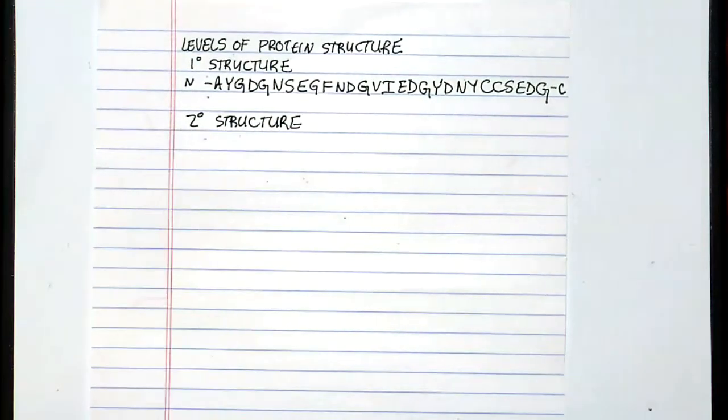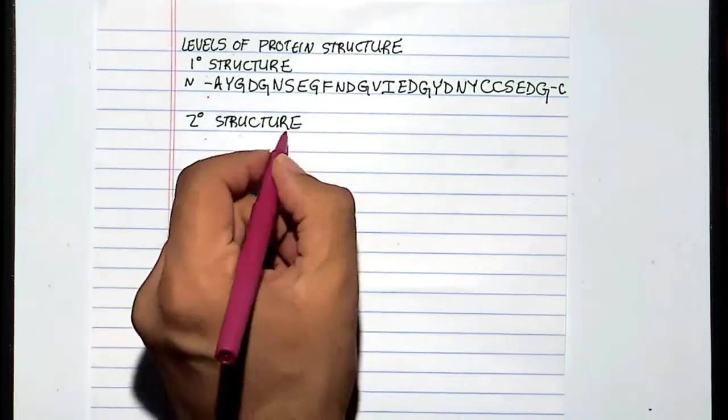And students have somewhat of a difficult time understanding where secondary structure emanates from. Secondary structure emanates from hydrogen bonding within the peptide bond. Okay?